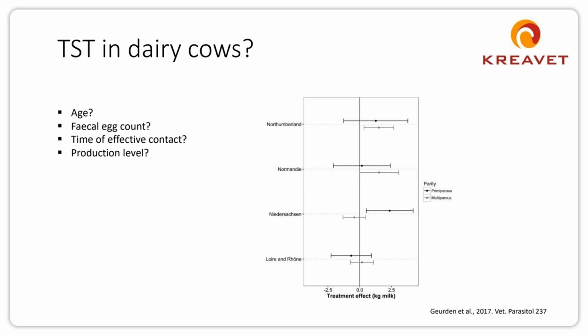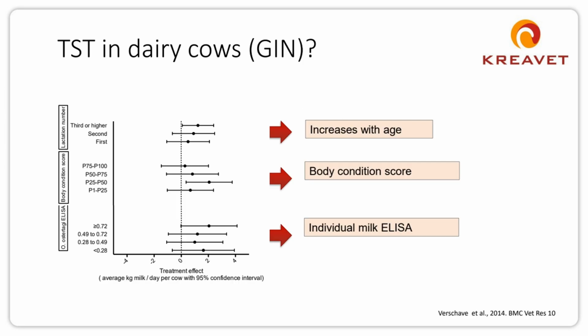But none of these effects has ever come out as consistent, so as reliable predictors. So again, it will probably be context specific, and we need to combine parameters, and we need further research on this.